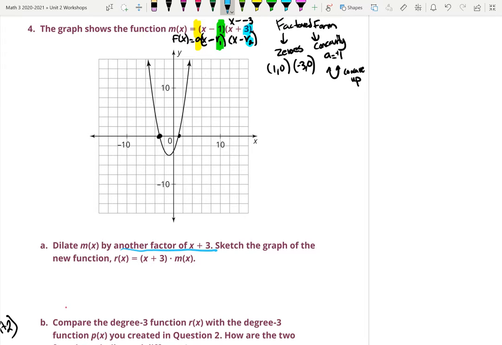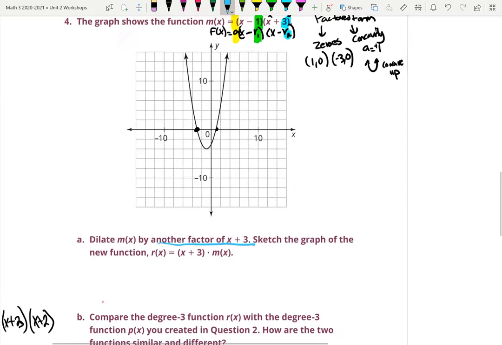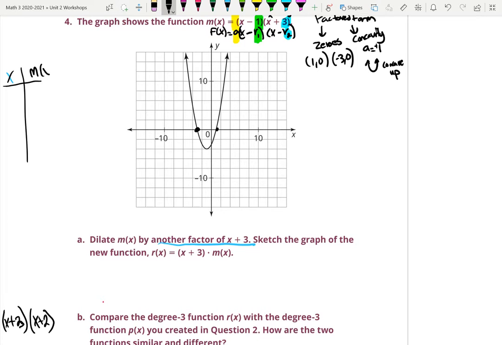So let's go ahead and look at my table. My inputs, and then my outputs. So let's go ahead and say 2, 1, 0, negative 2, negative 3, and negative 4. So what are the outputs?